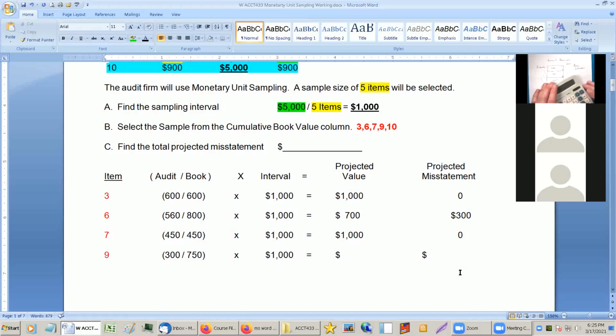So the projected value is 400. Projected misstatement is 600. No, that's right.